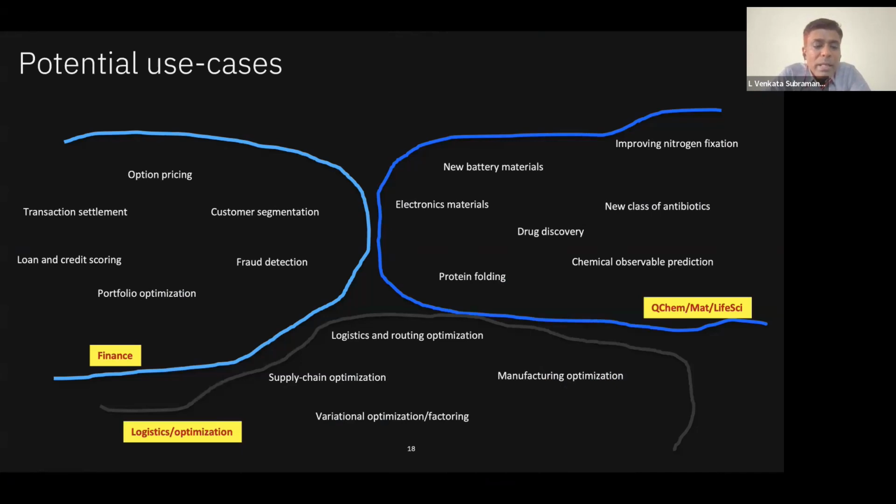Some of the broad areas we are seeing: finance, logistics, optimization, chemistry. In finance, we are seeing option pricing, customer segmentation, fraud detection, portfolio optimization. Chemistry has some very interesting things people are looking at. Did you know that making fertilizers is one of the most polluting things today?